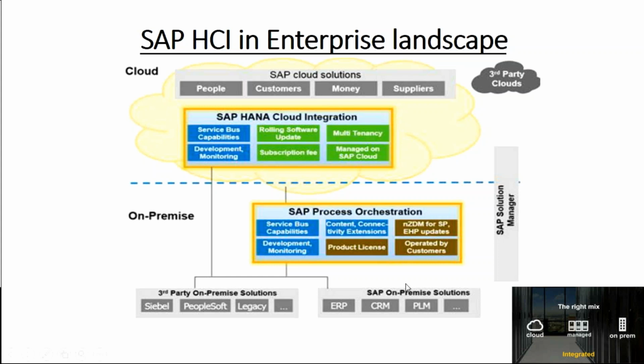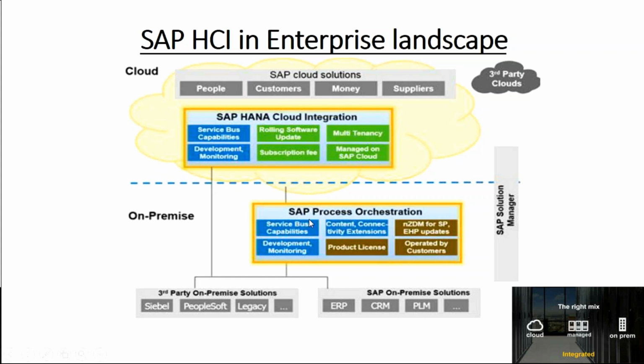Yeah. So your on-premises system, you have the ERP, CRM, PLM, SRM, and HCI can communicate to this. Okay, so everything above this dotted line is cloud, and everything below this dotted line is present on premises. On premises is the local servers.